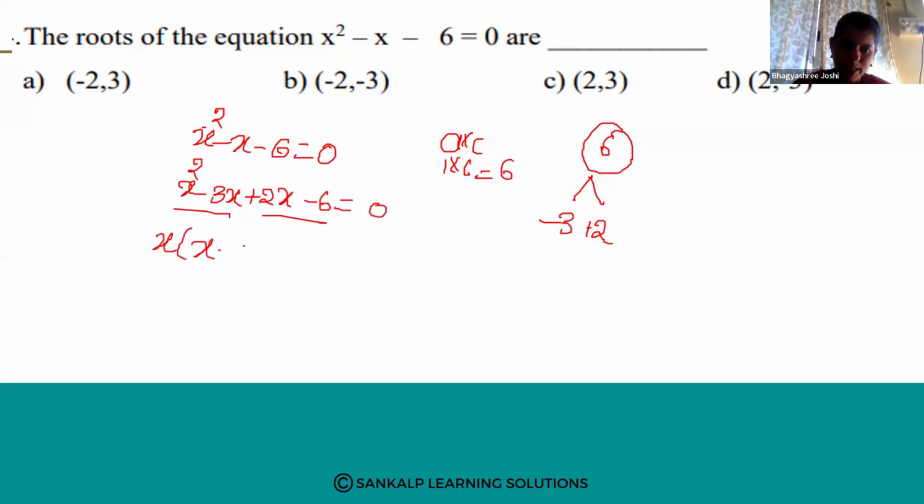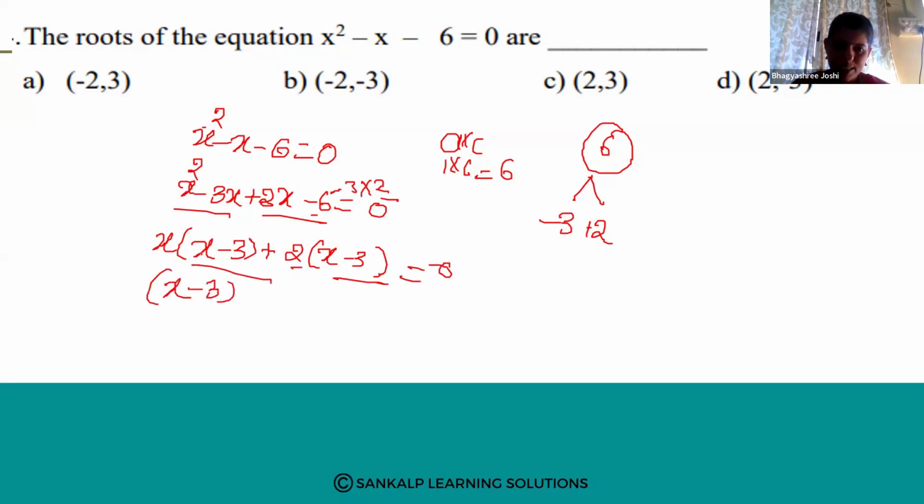So x into (x minus 3) plus 6 can be written as 3 into 2. That means here 2 is there, here 2 is there. Therefore, 2 is common. I will take 2 common: (x minus 3). So this is one factor and this is another factor. (x minus 3)(x plus 2) is equal to 0.